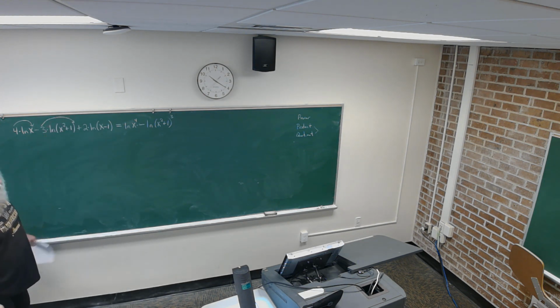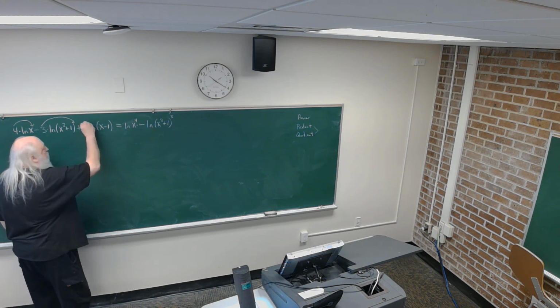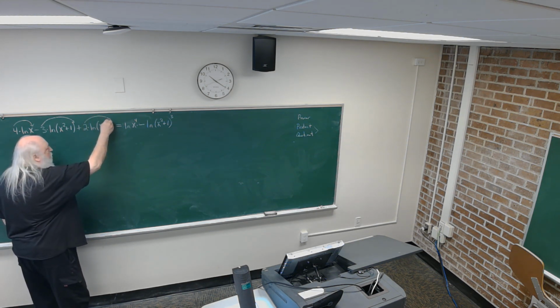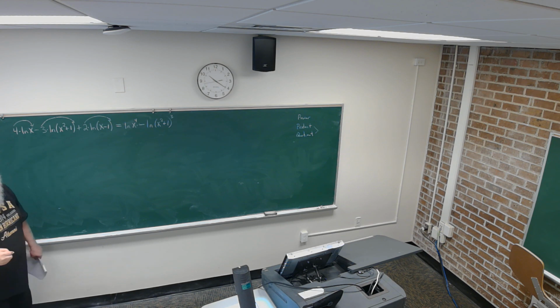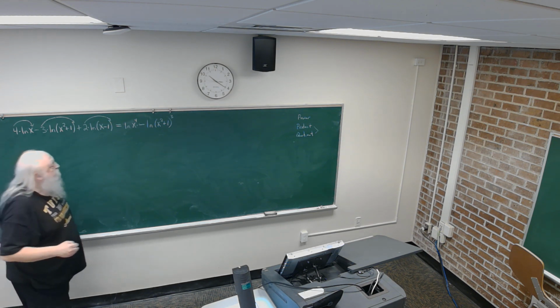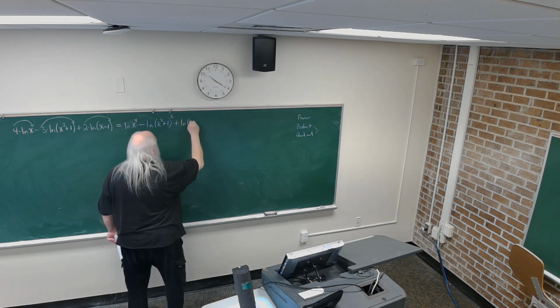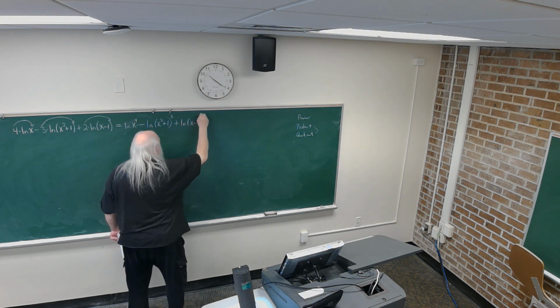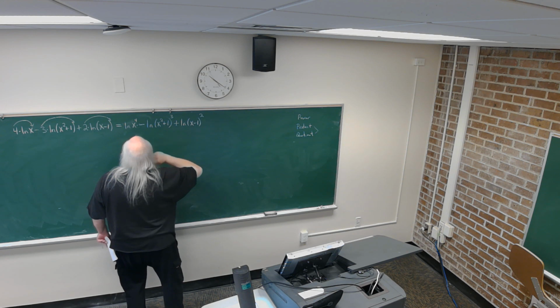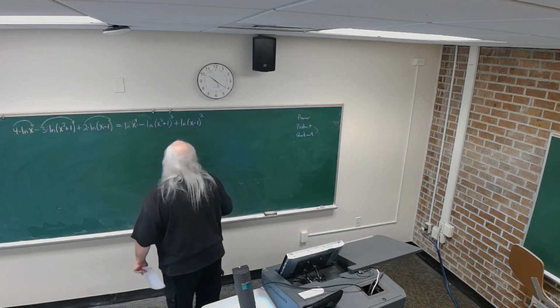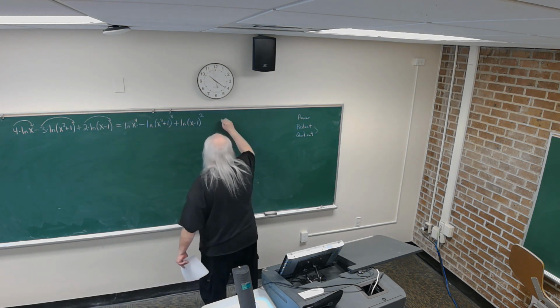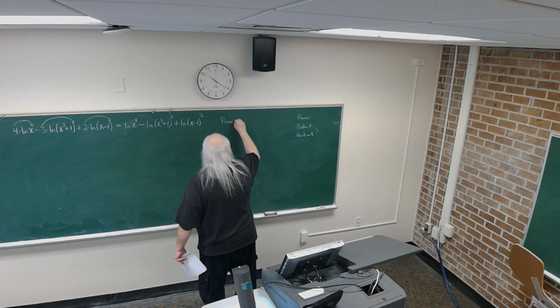And then lastly, the power rule says I can bring this 2 inside the natural log and make it an exponent on x minus 1. That's all via the power rule.